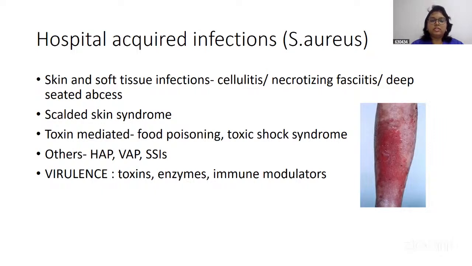The virulence factors are toxins, enzymes, and immune modulators. The toxin-mediated conditions include food poisoning and toxic shock syndrome, which is again a very dangerous condition. Apart from skin and soft tissue infections, it can cause pneumonia, hospital-acquired and ventilator-associated pneumonia, and surgical site infections also.